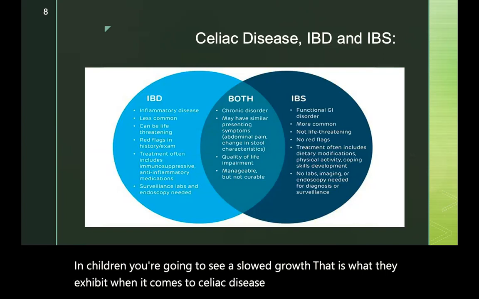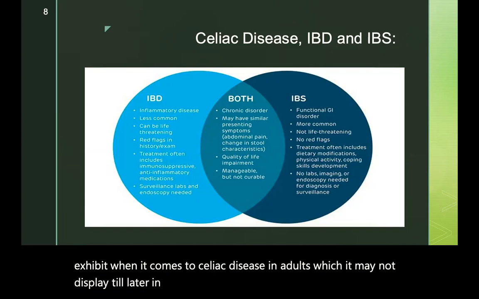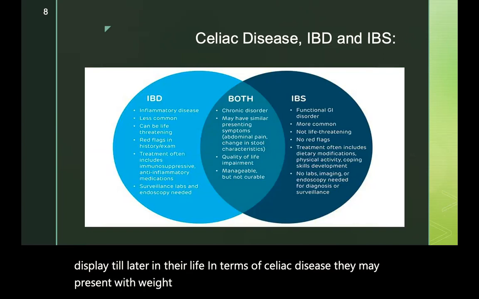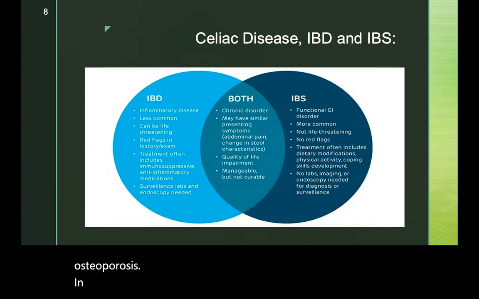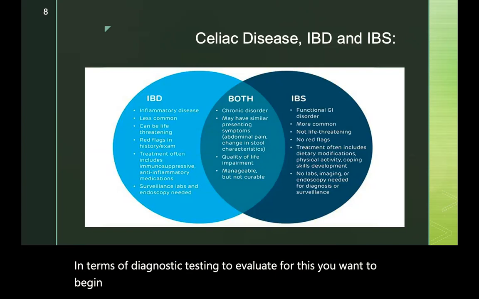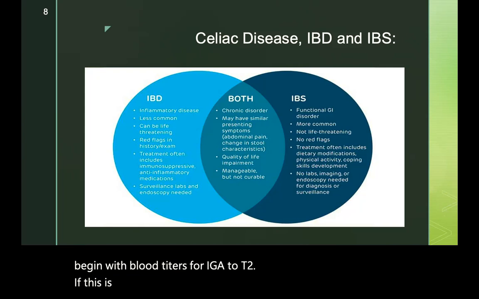In adults, it may not display until later in life, and they may present with weight loss, chronic diarrhea, anemia, and possibly osteoporosis. In terms of diagnostic testing, you want to begin with blood titers for IgA to TG2. If this is positive, an endoscopy with biopsy will provide a definitive diagnosis.